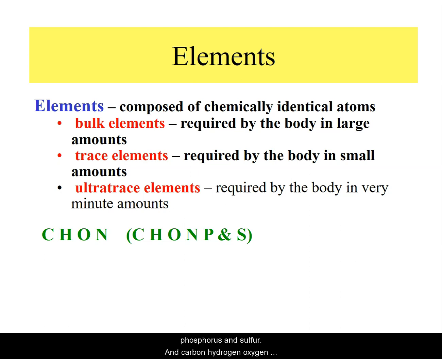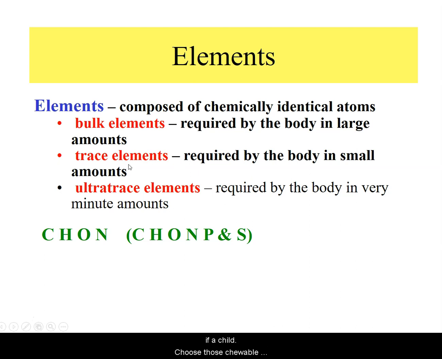Carbon, hydrogen, oxygen, nitrogen make up about 95 to 96% of the mass of the human body. Phosphorus and sulfur brings it up to about 98%, and the rest are considered trace elements. Now, trace elements are required by the body in very small amounts.